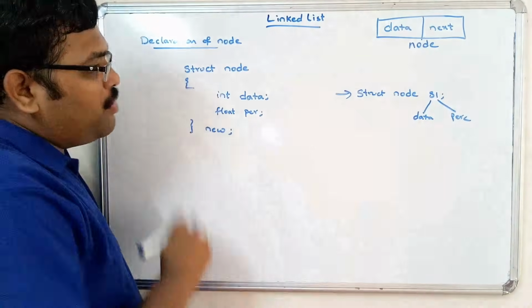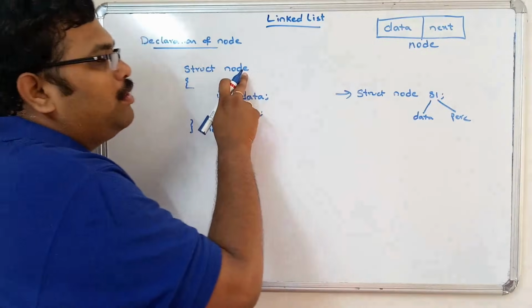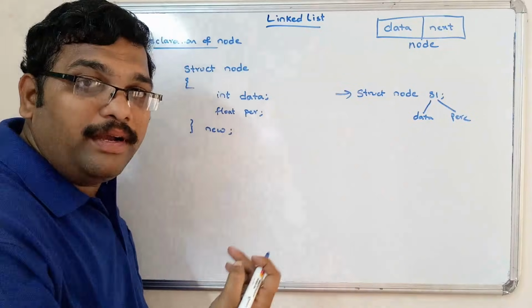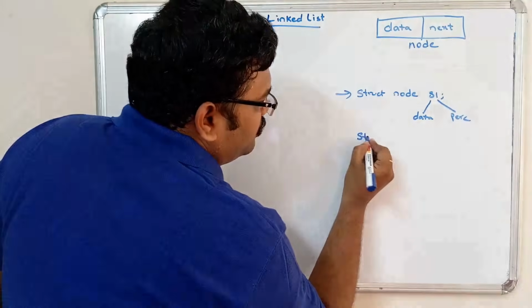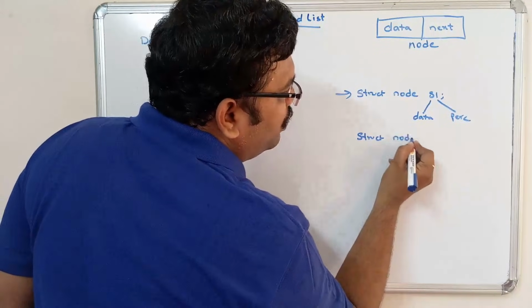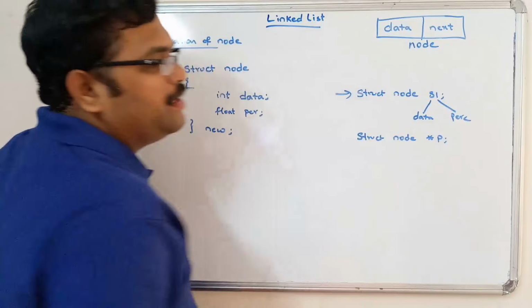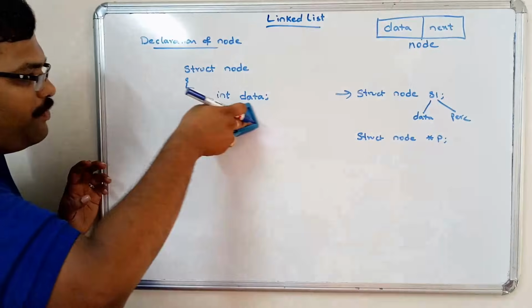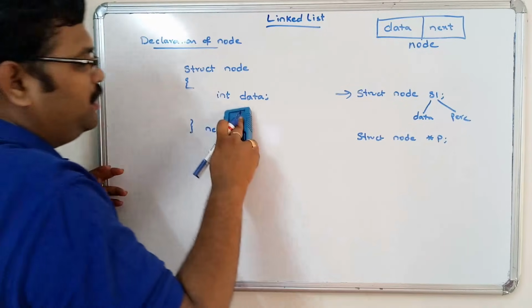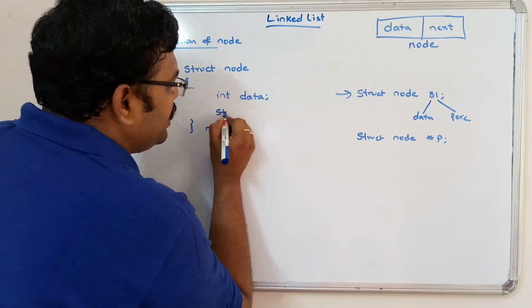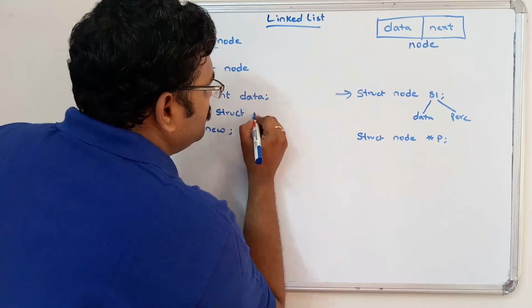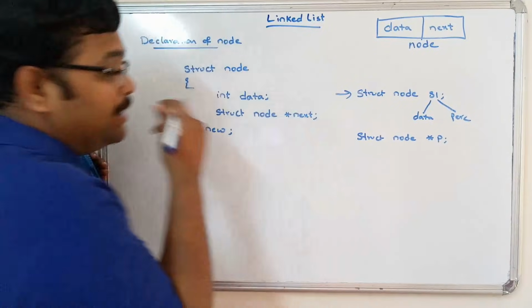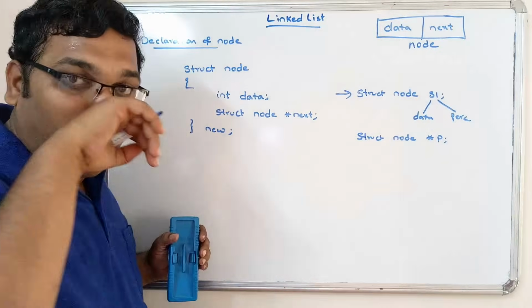Now here the same node must consist of a pointer. So how to create a pointer variable? Struct node star p, that's a pointer structure variable. The same way we use struct node star next, that means a self pointer, right?